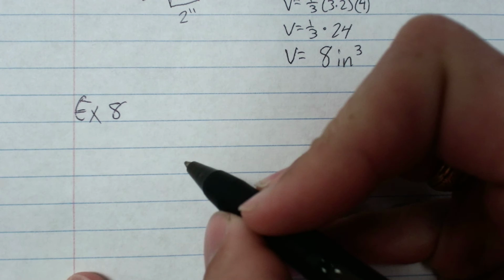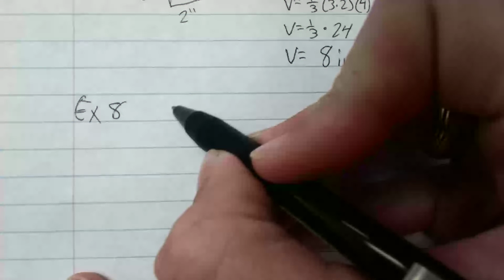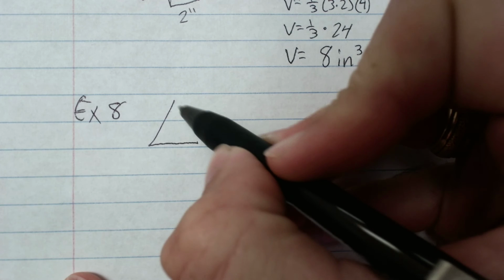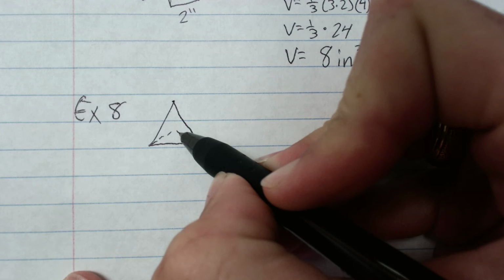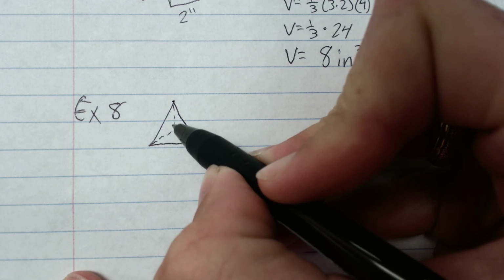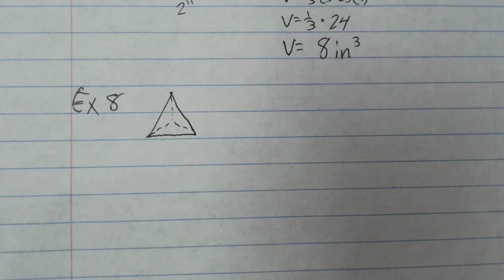First is going to be a triangular pyramid. So just draw your triangle, a little triangle in the back. There you go. That is a triangular pyramid.